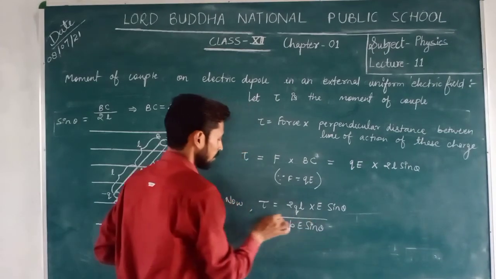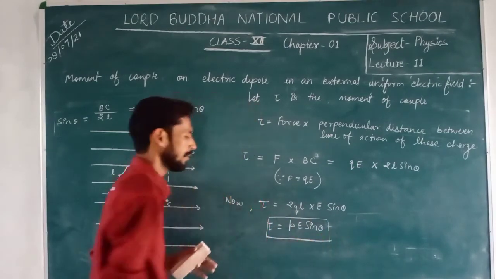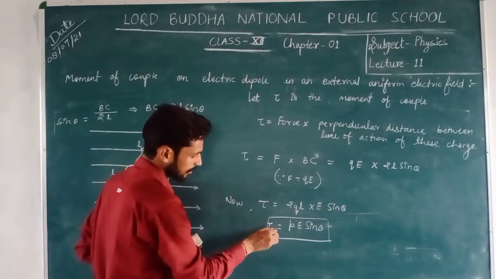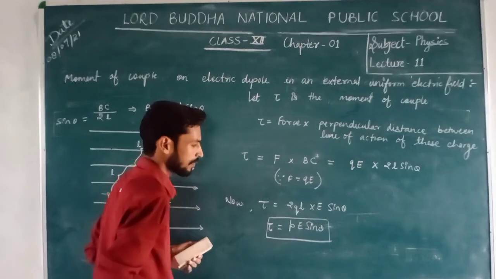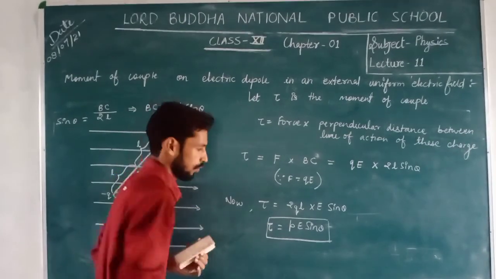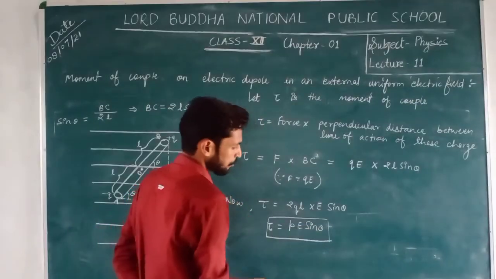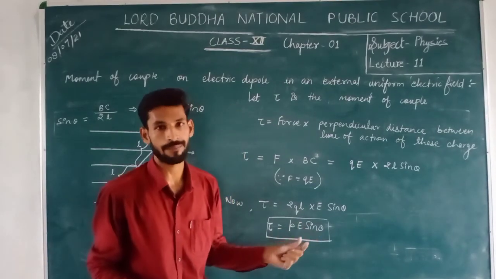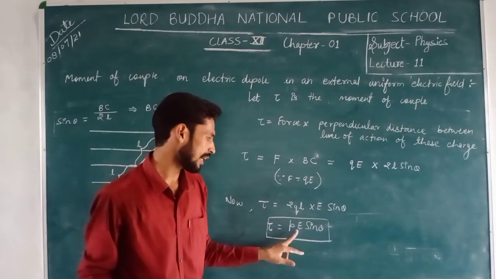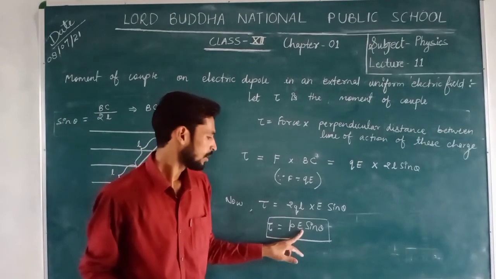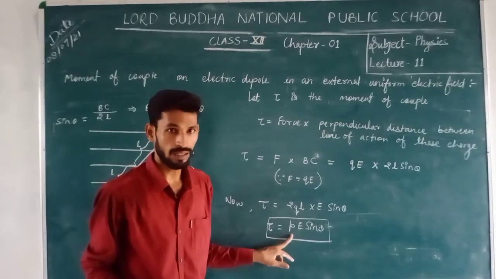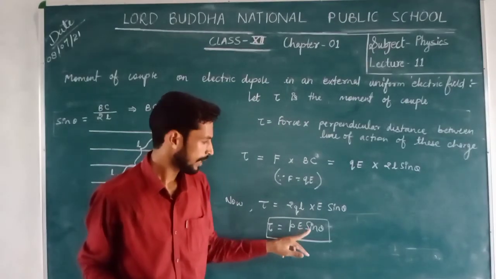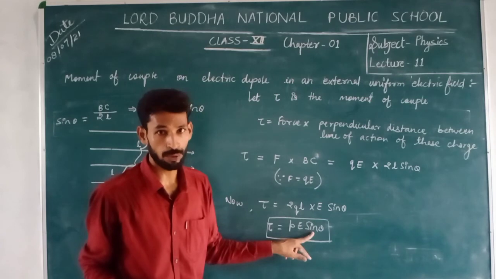This is the formula for the moment of couple, and this symbol is read as tau. So tau equals P E sin theta. We are finding here sin theta, that means this is the vector product. P is a vector quantity, E is also a vector quantity, and sin theta denotes the vector product.